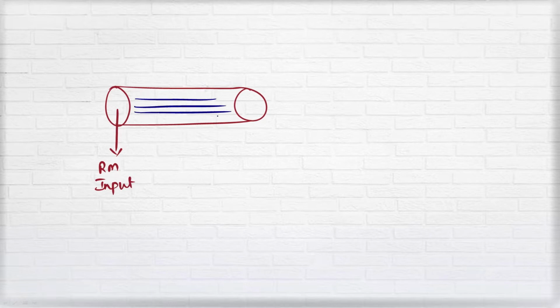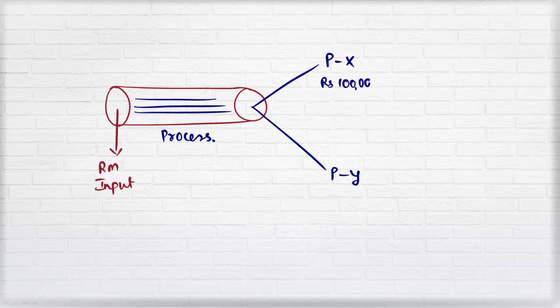Then sir, what is a byproduct? Same thing, there is a raw material which is input, goes into a common process, and there are two outputs, product X and product Y. See, the market value of product X is rupees 1 lakh per unit.